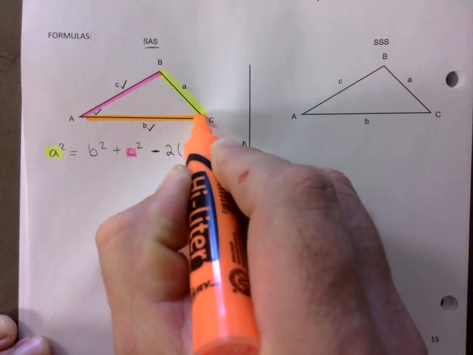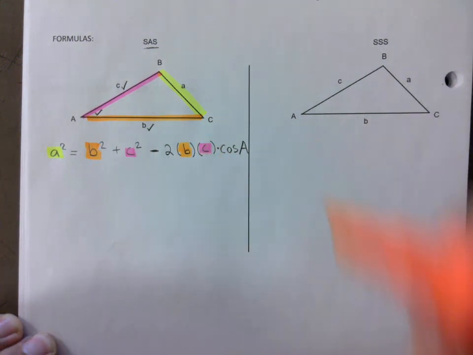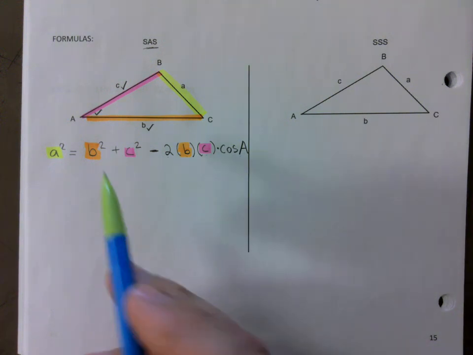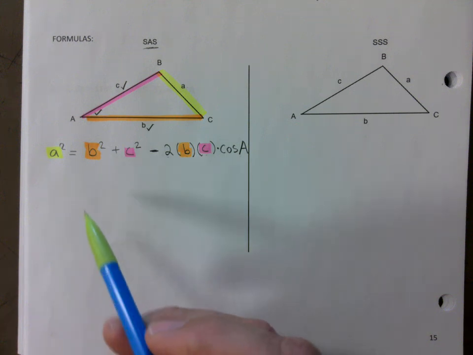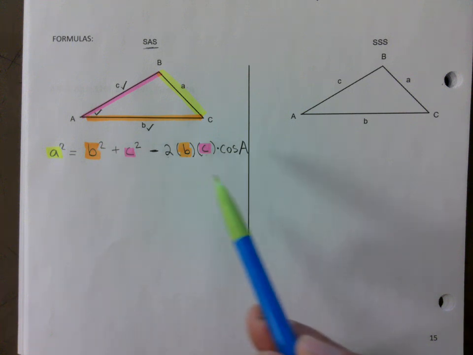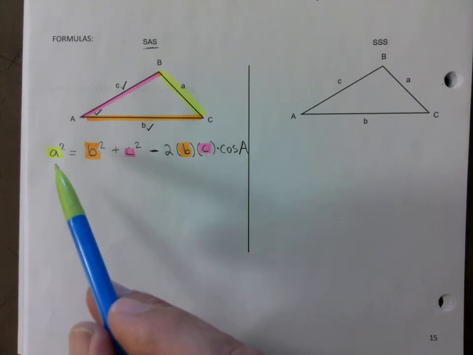So this side shows up here. If you don't like highlighting, that's okay, but I thought it's probably a good idea to have these like that. And just so you know, how do you know you're solving for the right side? Well, you have that angle A here. This kind of gives it away that you're solving for side A.